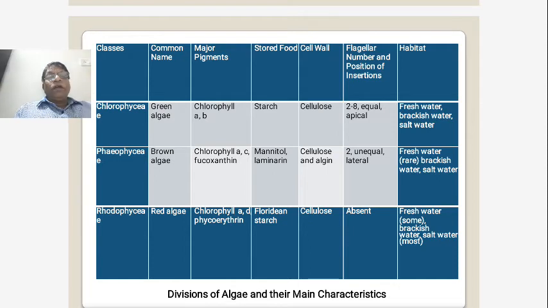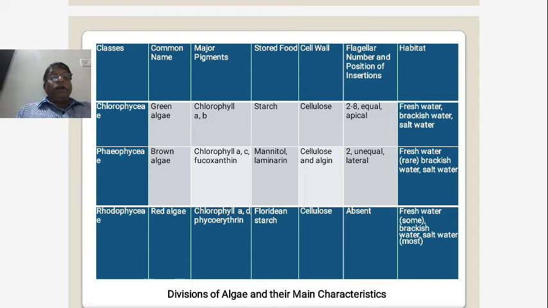Next, if we examine the cell wall of these members, the cell wall is made up of again cellulose. But in addition to the cellulose, we also find another chemical, namely algin. Algin is present. It's economically important.